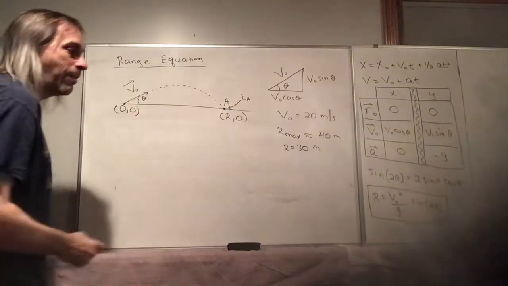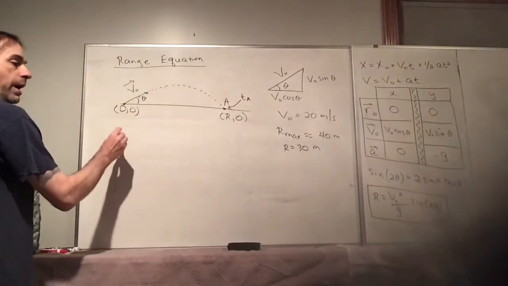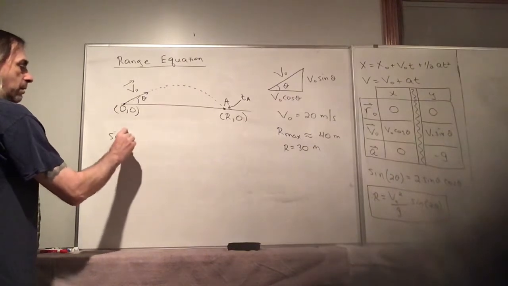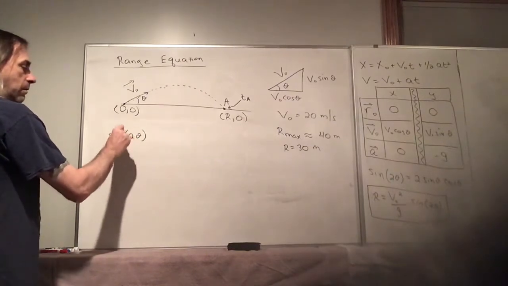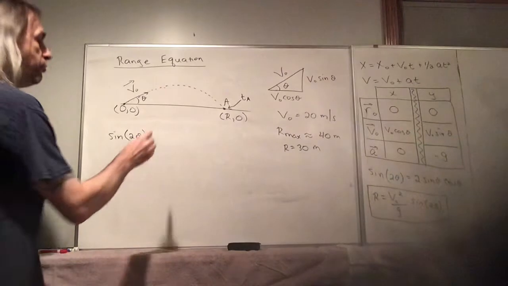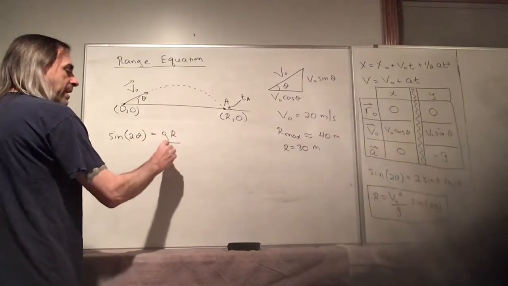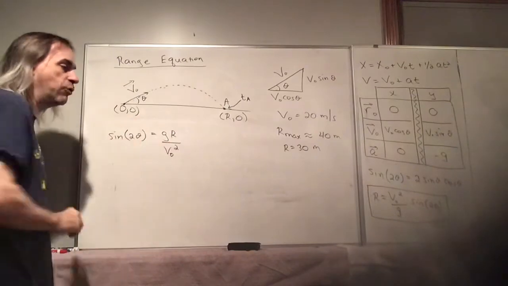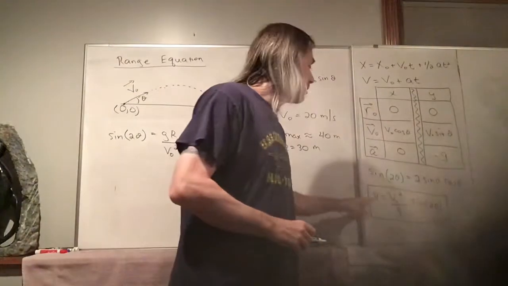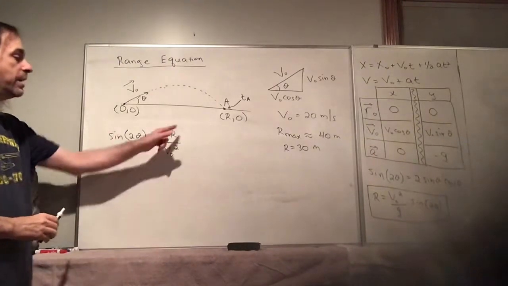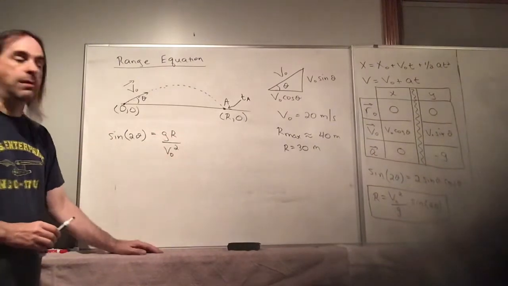So let's rewrite this equation. We can say sine of 2 theta is equal to g R over v naught squared. Just algebraically solving for it. And again, a very important check: this is a dimensionless number.